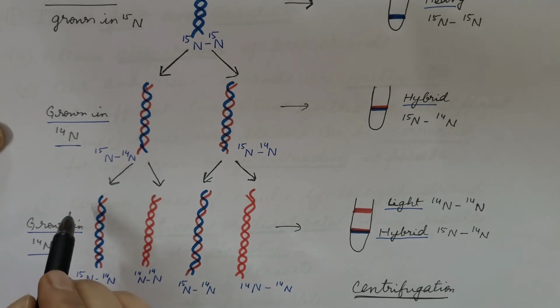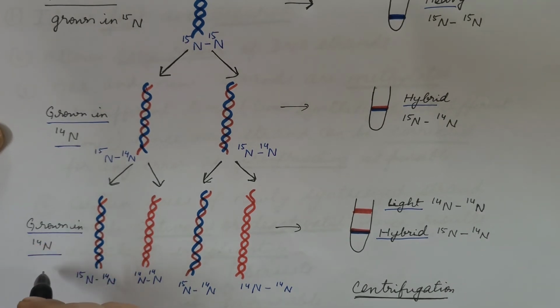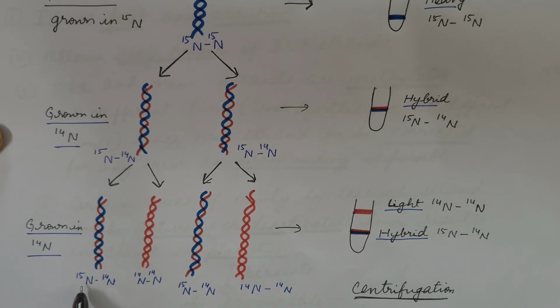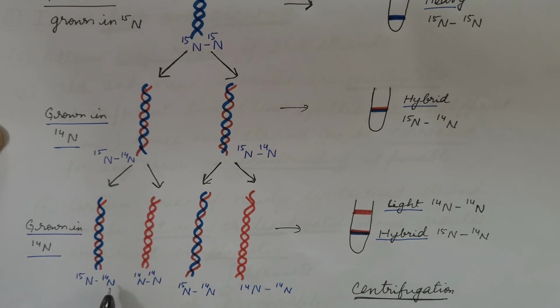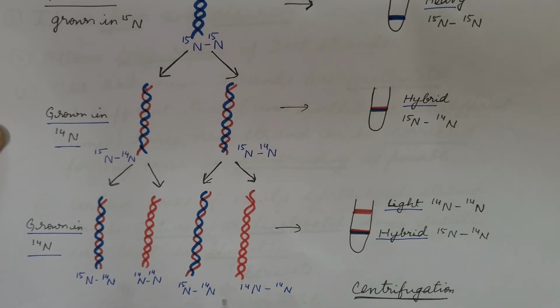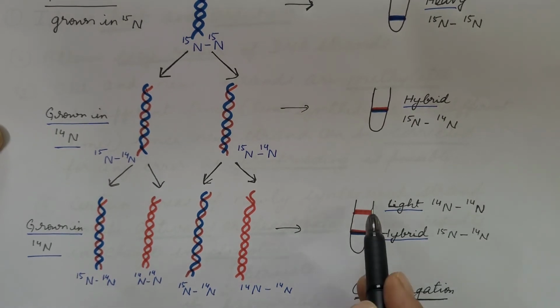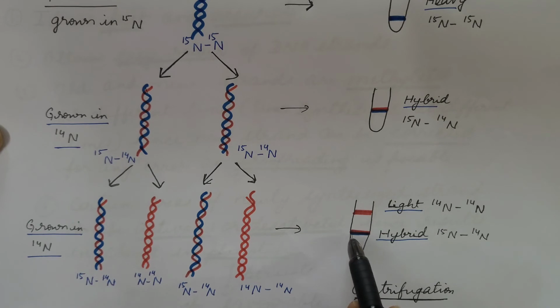Then in the next generation, if it is continued to grow in 14N, then half of the DNA was hybrid containing one 15N strand and one 14N strand, and half of the DNA had two strands labeled with 14N and 14N. And the density gradient centrifugation gave one hybrid band and one light band.